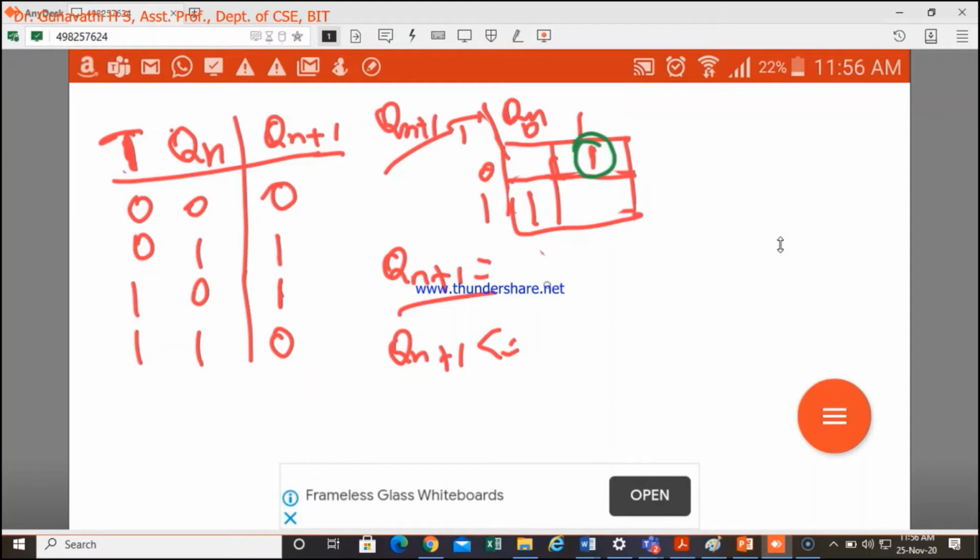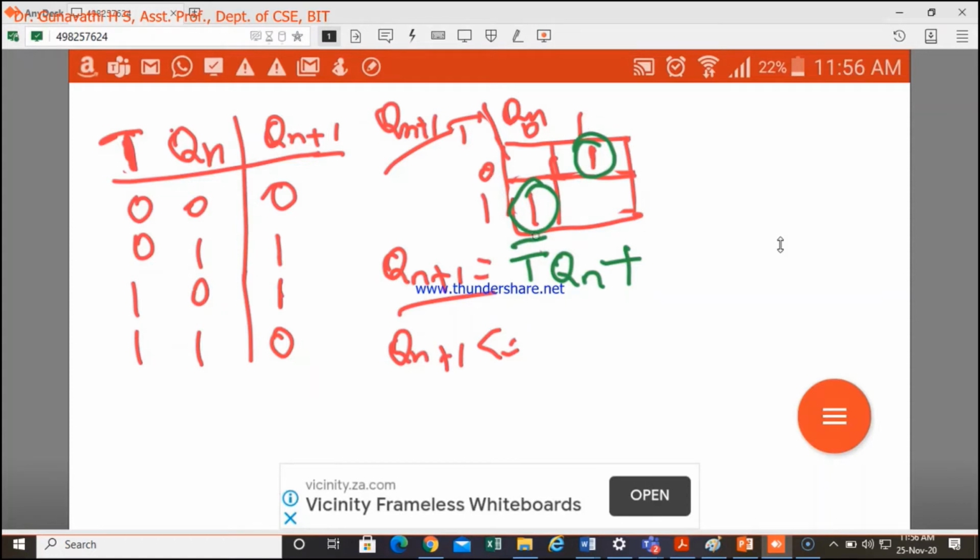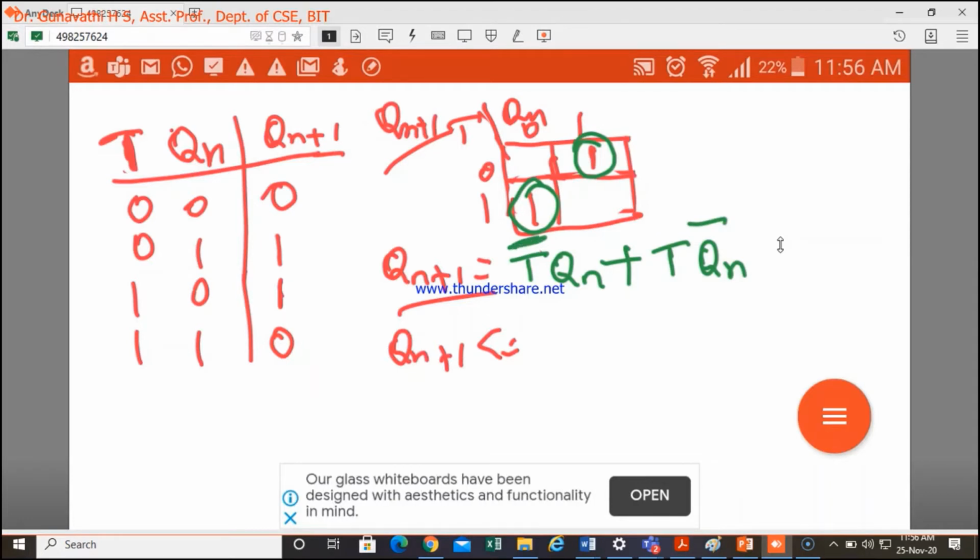When I group this, the expression is T bar Qn plus T Qn bar. If you want, you can rewrite this. I don't think it will make any changes here, but you should know this: the complement of the input with the previous output, or the present input with the complement of the previous output.